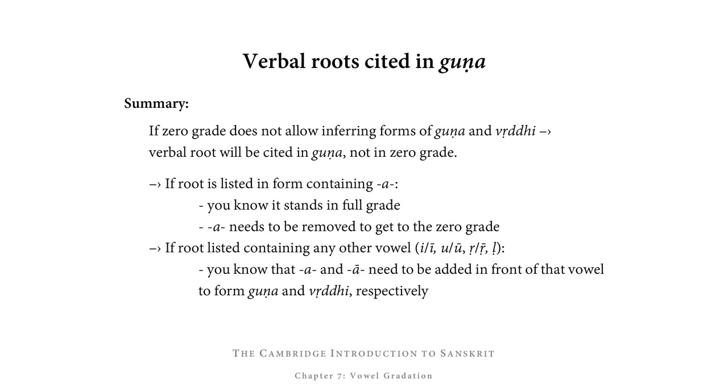Also, if a root is listed containing any other vowel, so i, u, or r, you can know that a and ā need to be added in front of that vowel to form the guna and the vrddhi of that root, respectively.